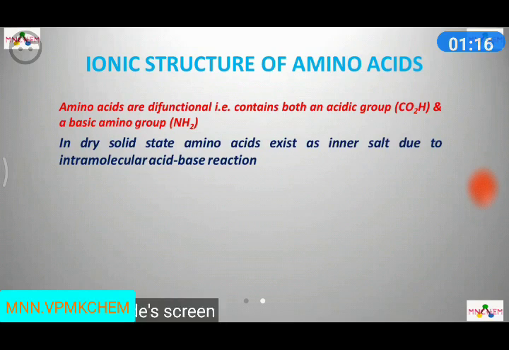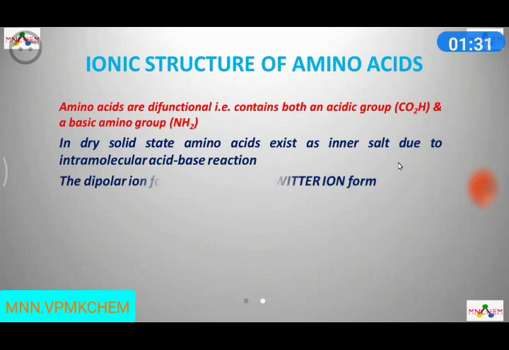This is because of an intramolecular acid-base reaction. The acidic proton of carboxylic acid is transferred to the basic amino group, and the structure we get is of a dipolar ion nature, which is known as the Zwitter ion form of amino acid.